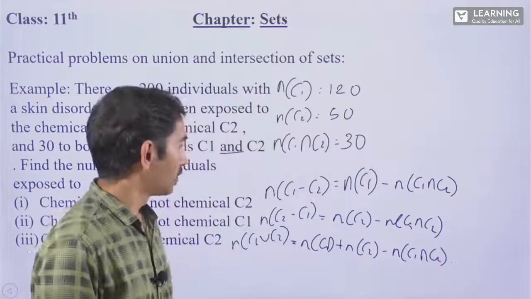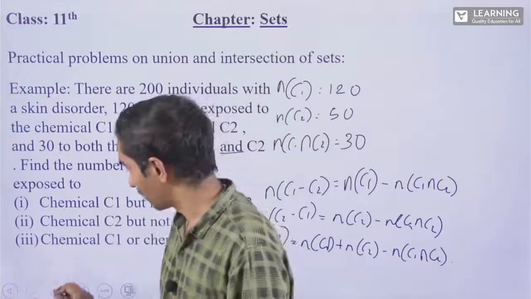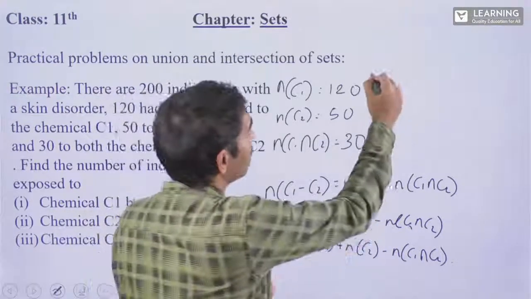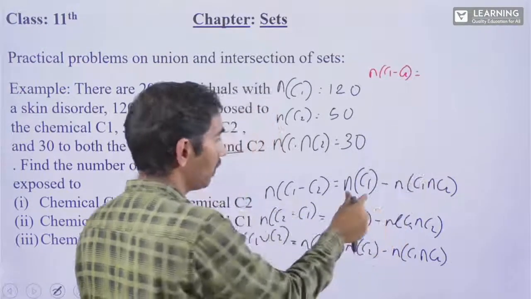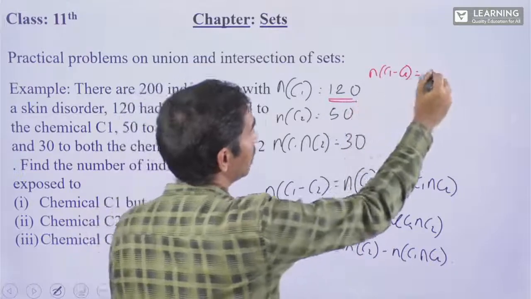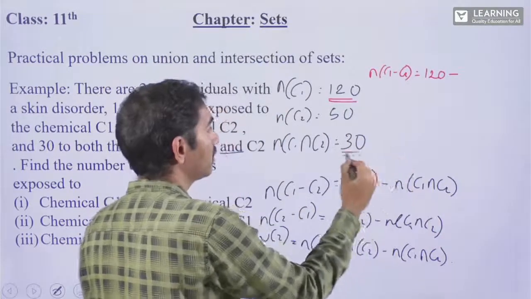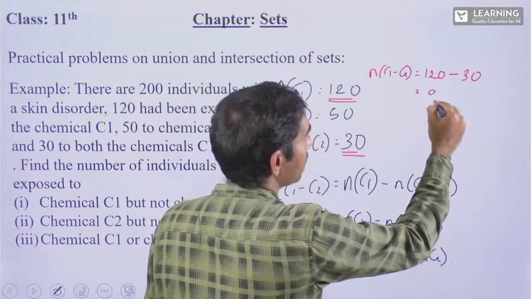Alright, so we'll find the very first one, n of C1 minus C2. So n of C1 minus C2 is equal to n of C1, 120, minus n of C1 intersection C2, 30. So 120 minus 30 is 90.